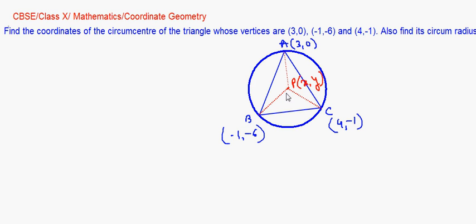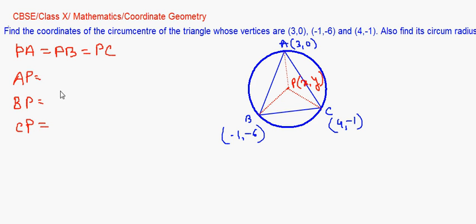You have to find the coordinates of P so that PA equals PB equals PC. You'll get 3 distance formula equations which will give you AP, then you can find BP, and then you can find CP.